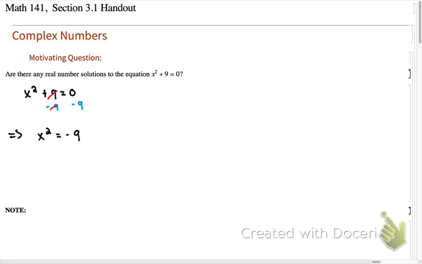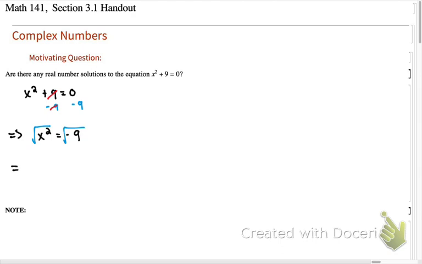Now, right away, I basically know there are no real number solutions to this equation because there are no real numbers that square to a negative. Any positive number squared or negative number squared will result in a positive number, but let's just pretend we can do this anyway. So we'll take the square root on both sides.